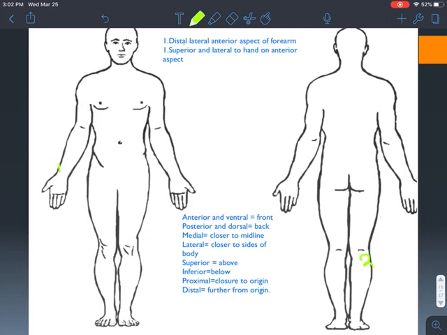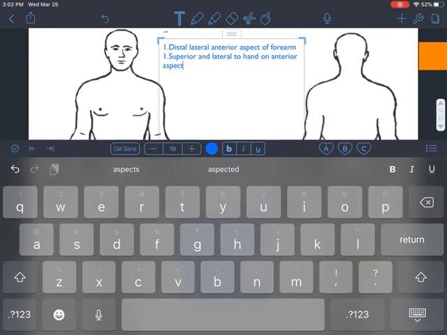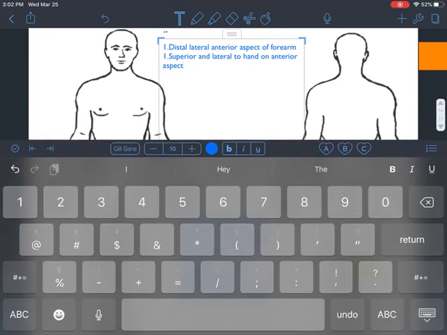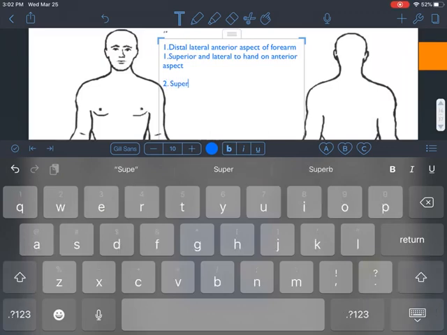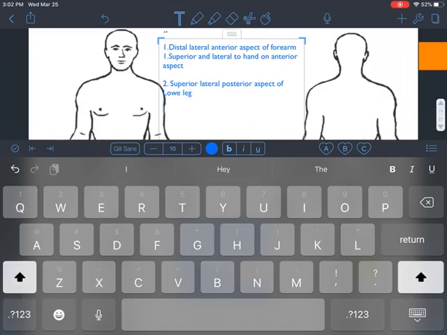So number 2 would be on the superior, lateral, posterior aspect of lower leg.